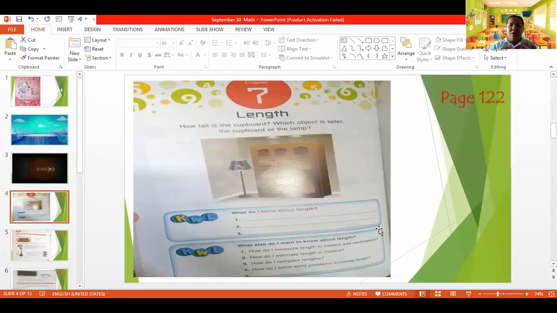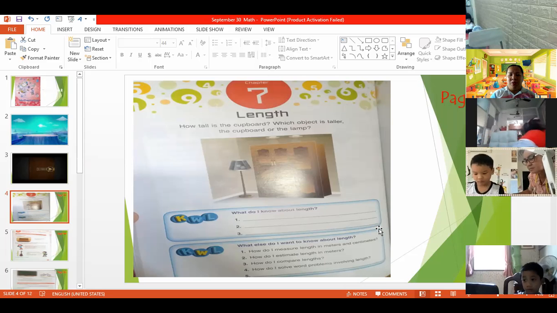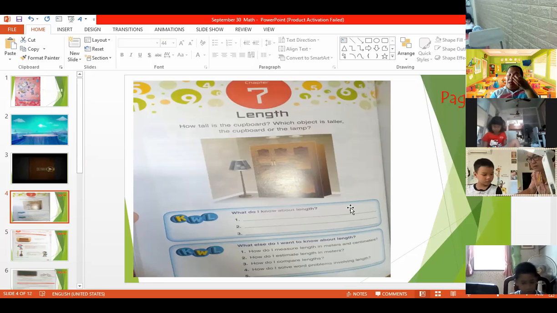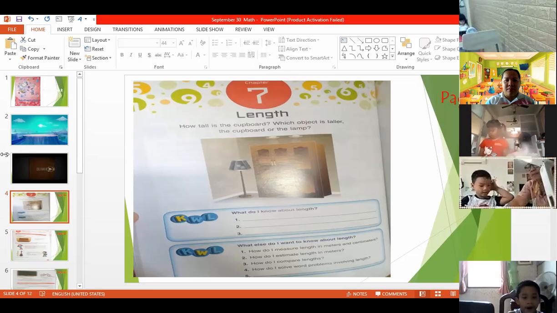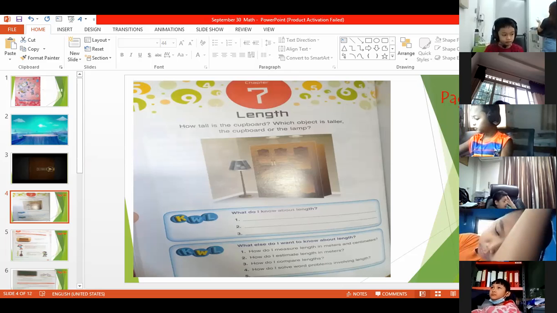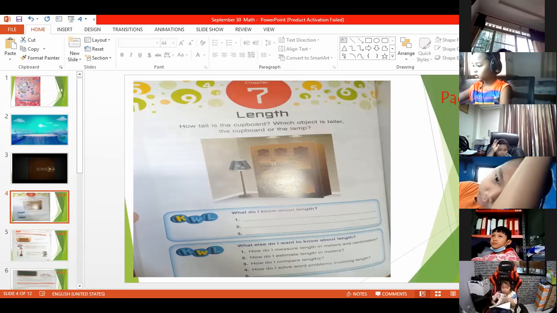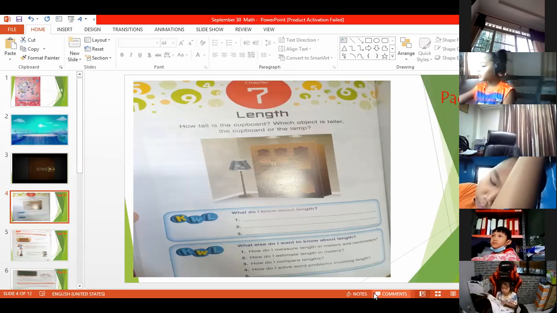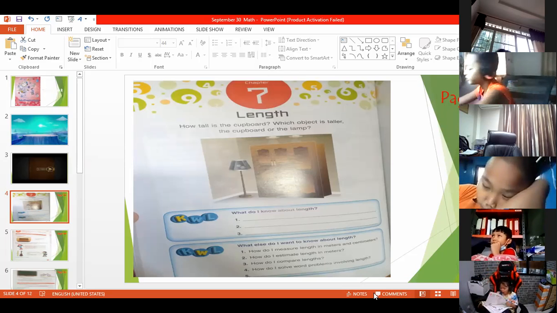So everybody open your book on page 122. Everyone's opened it already? Did you open it already? Okay, if you have opened it already, let's start.